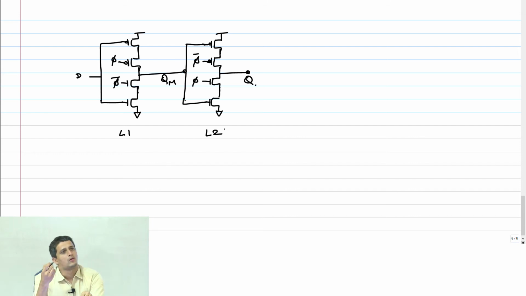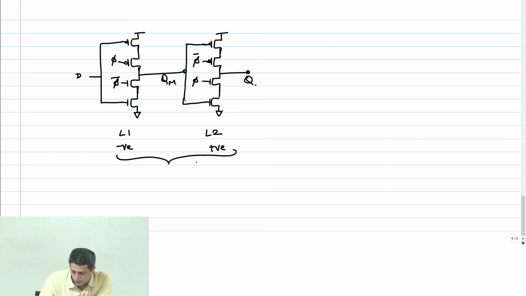What kind of a flop is it? Positive edge triggered or negative edge triggered? Because when clock equal to 0, the data will go through, and therefore this is a negative latch, this is a positive latch. Together you get a positive edge flop, and it's a dynamic flop.